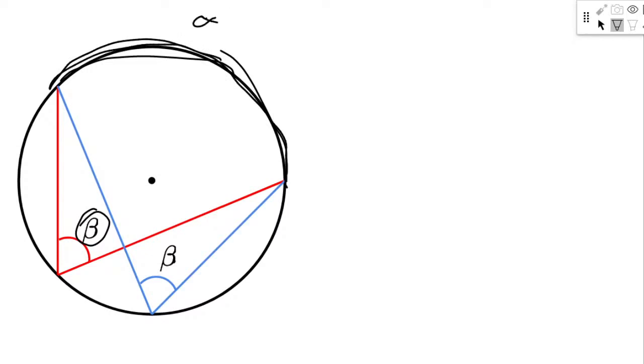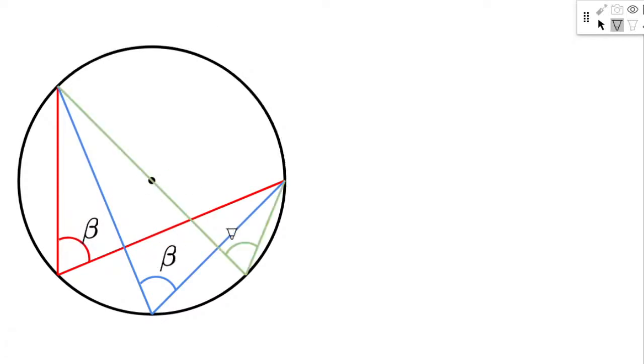So it also would be alpha divided by 2, and they are equal. The same is true for this one. So we remember that if the arc is alpha, then beta equals alpha divided by 2. The inscribed angle is half of the arc it is based on.